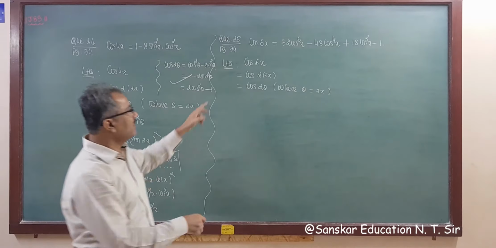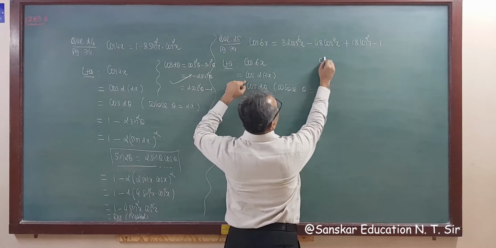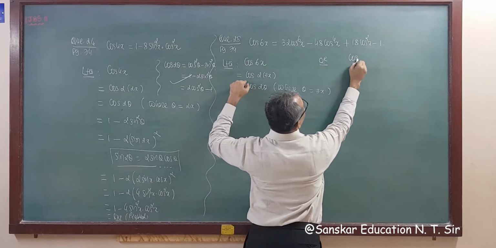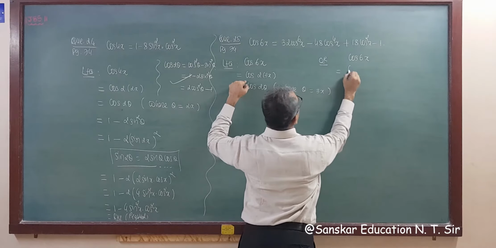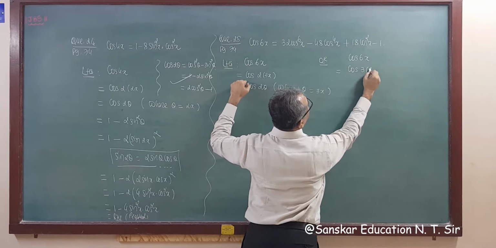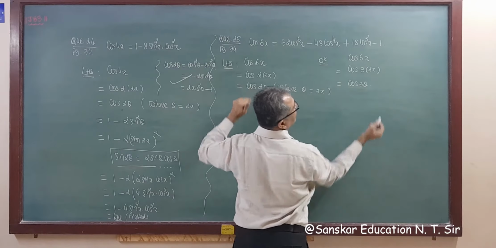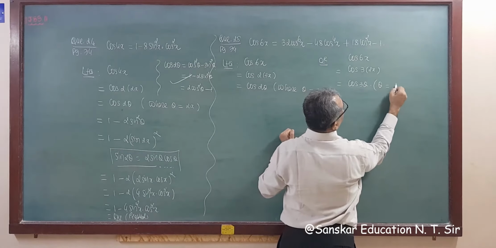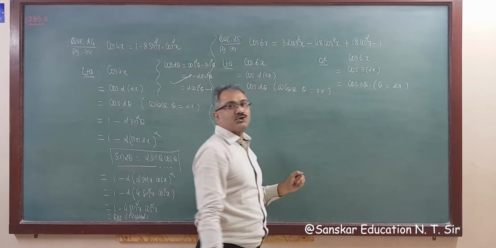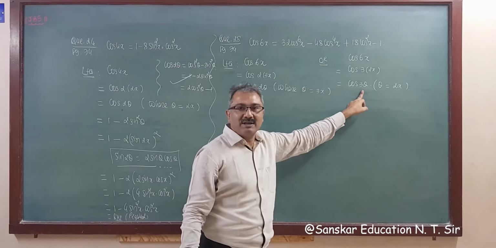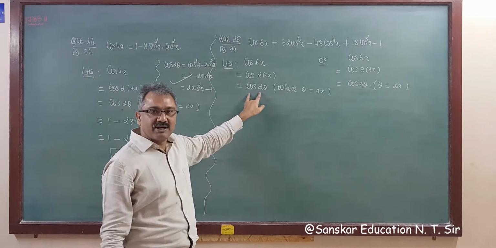You can also split it like this: cos 6x is equal to cos 3 into twice x, which is cos 3 theta where theta is equal to twice x. Then you have to apply the cos 3 theta formula, whereas here you have to apply the cos 2 theta formula.